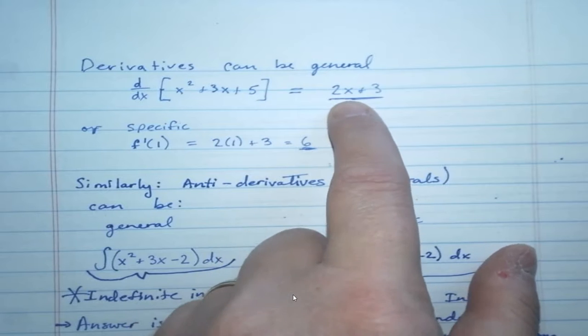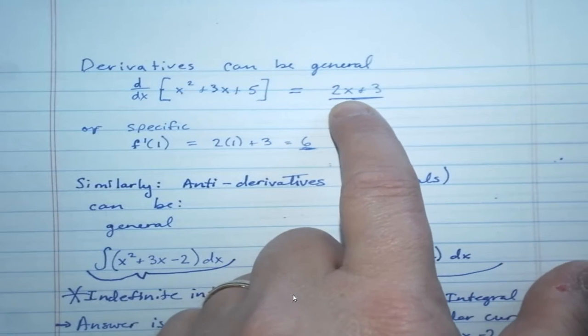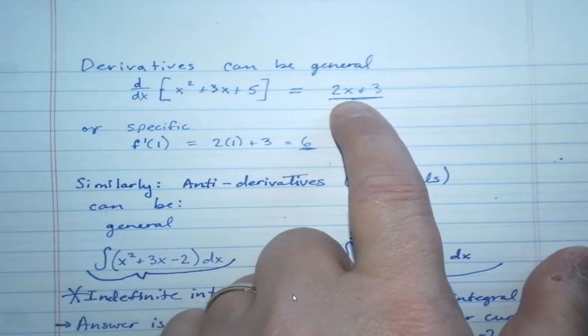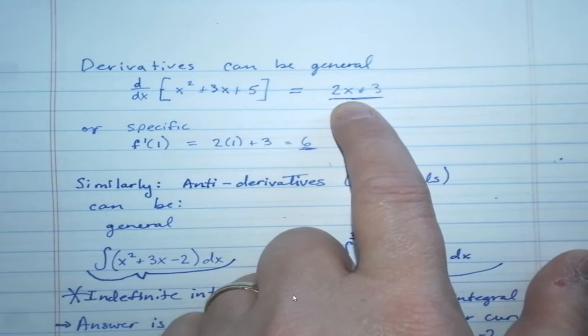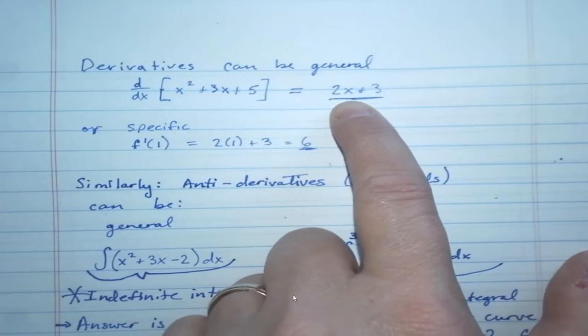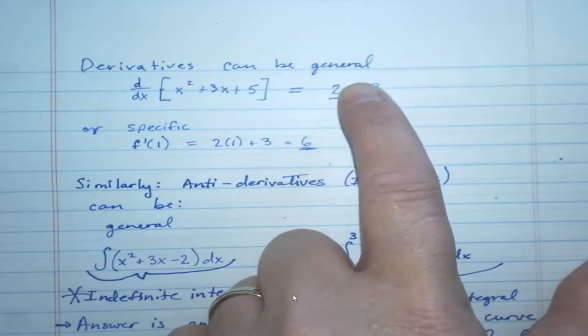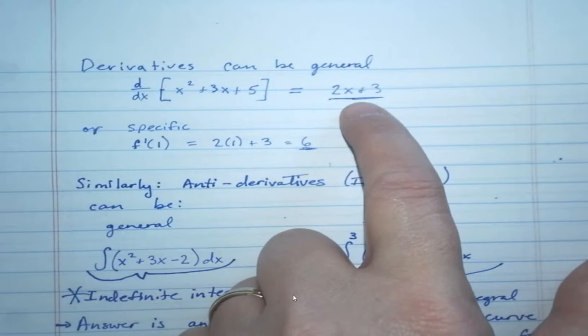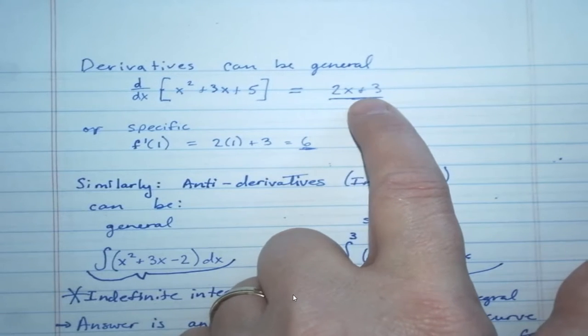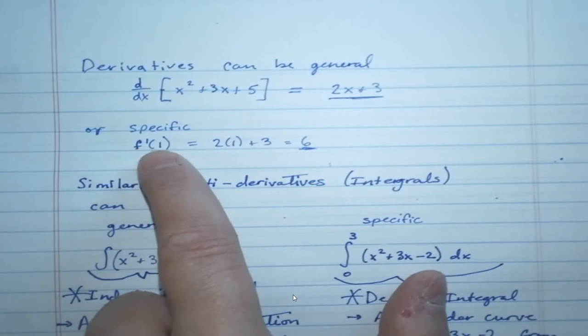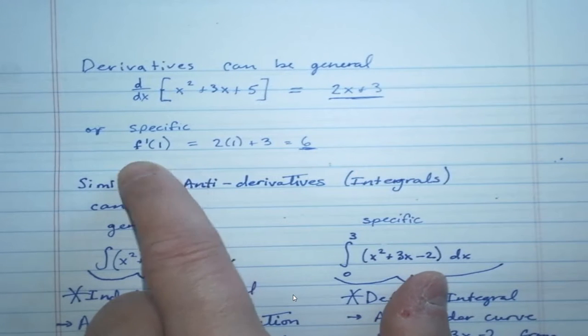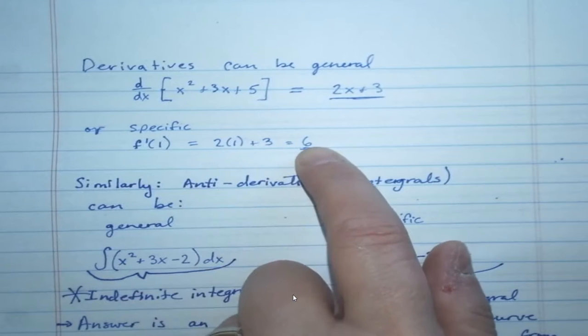Now, what does that mean? That equation can be used to find the instantaneous rate of change. But this is the derivative, okay? Now, we can take that derivative and plug in x equals 1, so f prime of 1, and we get 6.